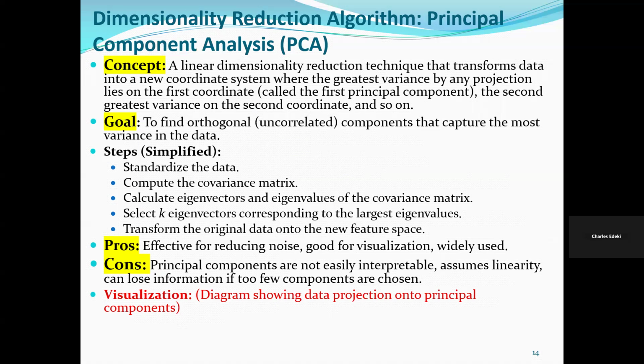Normally these new coordinates we call the principal components. The goal is to find a set of orthogonal or uncorrelated principal components that capture the most variance in the data. The first few principal components often account for most of the data variability.